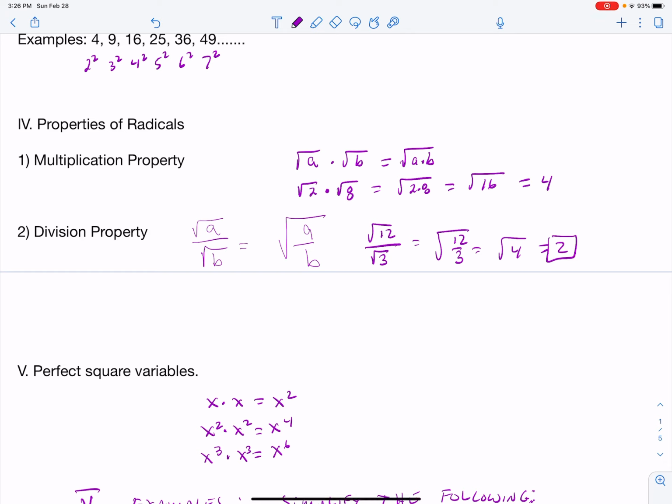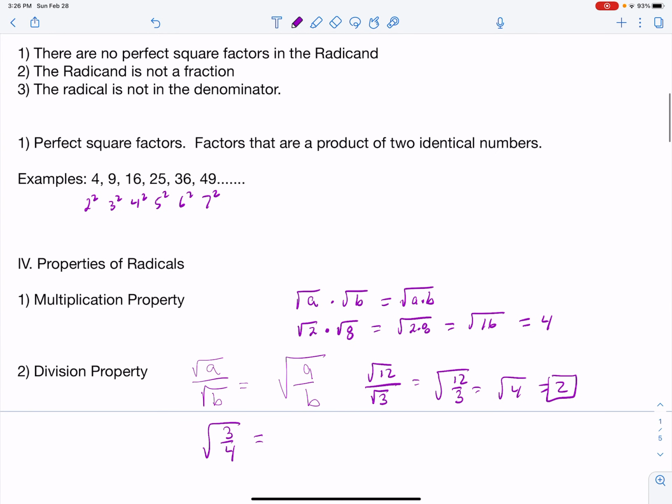But we might want to use it in reverse. Let's go in the reverse. Let's have Mr. Darenthal figure this out. The square root of 3 divided by 4. Now, 3 divided by 4 is going to give us 0.75, and that's not going to be a perfect square either. But remember, it's not simplified if the radicand is a fraction or there's a radical in the denominator.